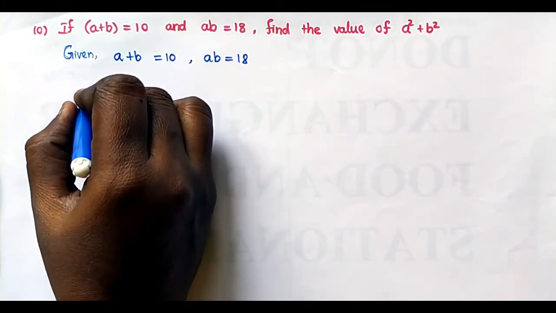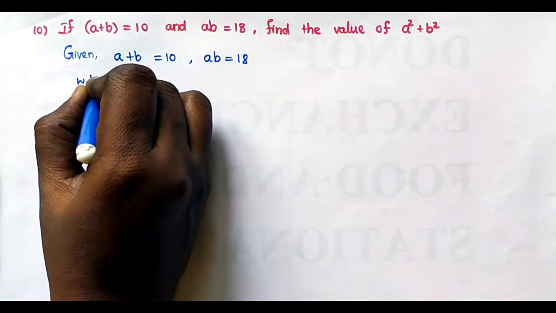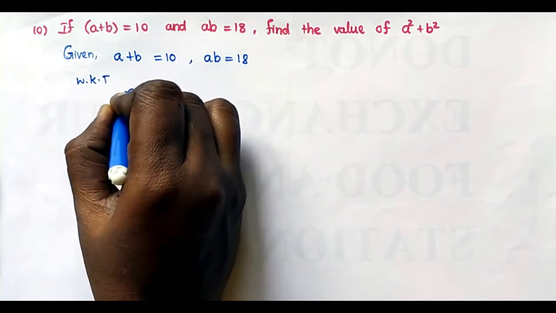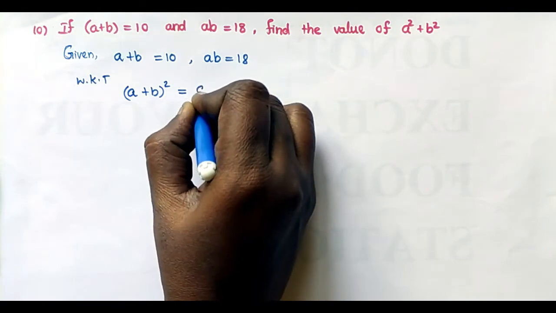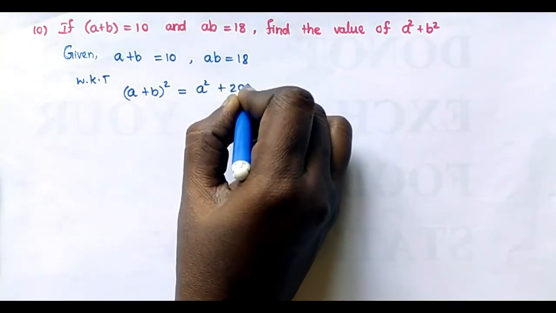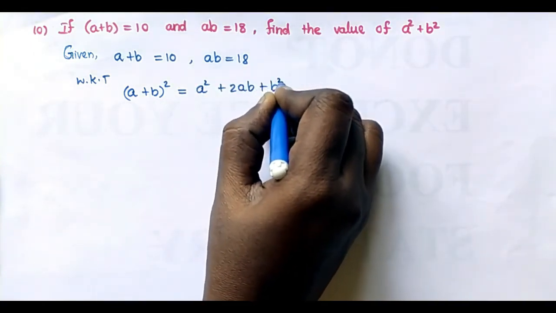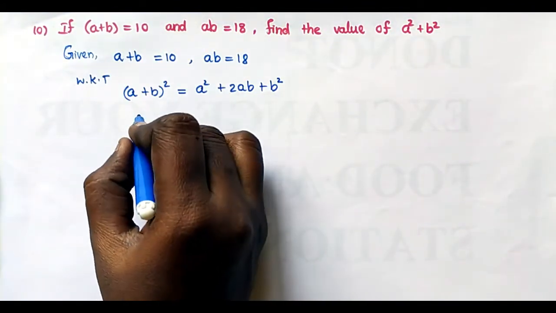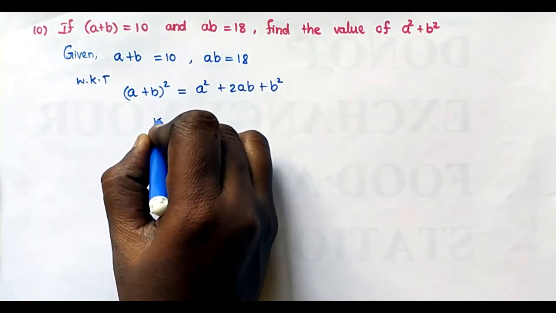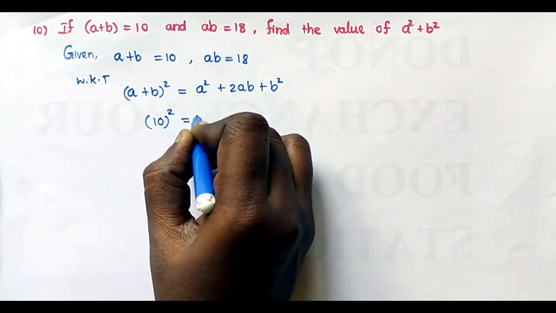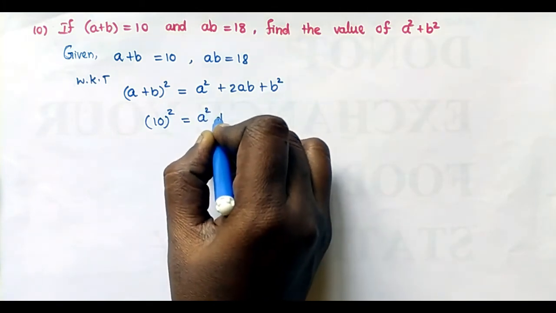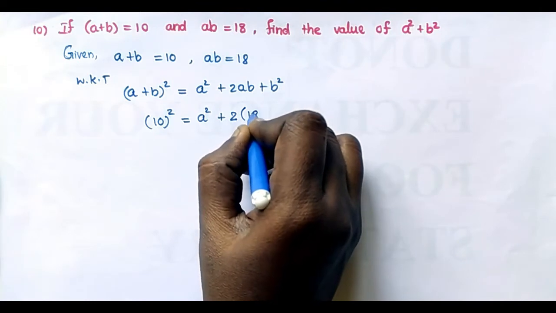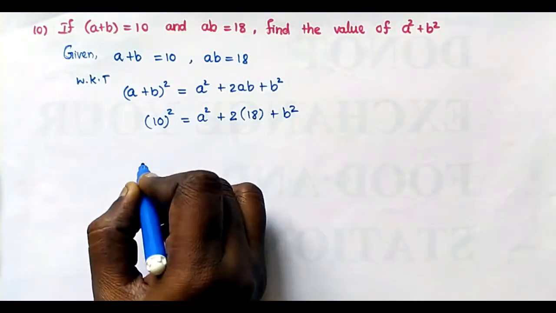Now listen, we know that a plus b whole squared is equal to a squared plus 2ab plus b squared. We know that very well. In this we apply these values. a plus b equal to 10, so 10 squared equal to a squared plus 2 into ab, which is 18, plus b squared.